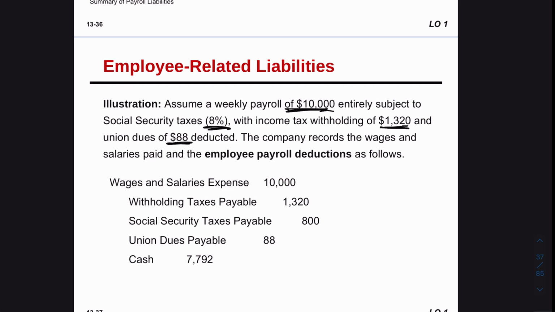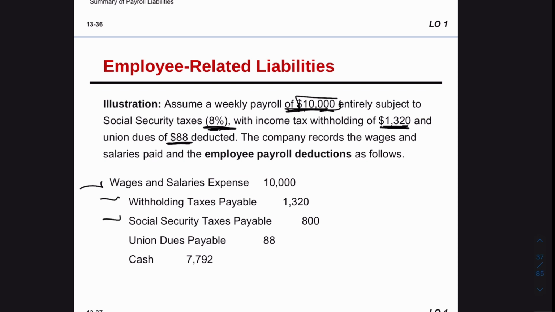So the company records the wages and salaries paid, and the employee payroll deductions are as follows. We have 10,000, which is the payroll, the wages and salaries, and for the company it is considered an expense, so they will debit 10,000. And now we have some payables we have to pay to the government, which is 1,320, considered as withholding taxes payable. We also have 8% of that 10,000 as social security, which will be credited.